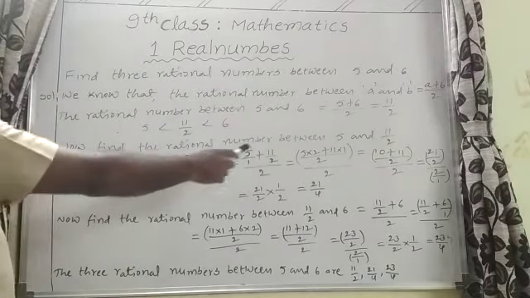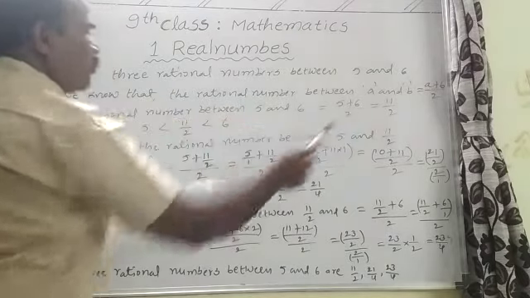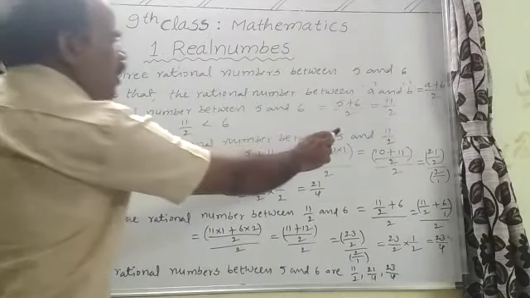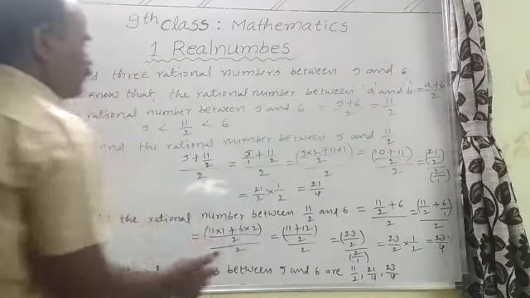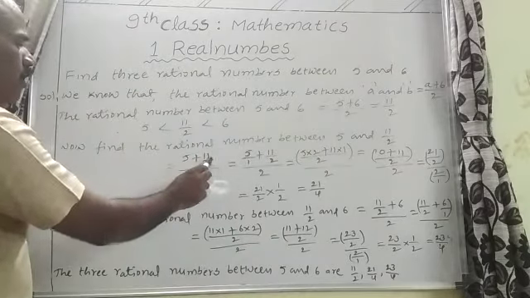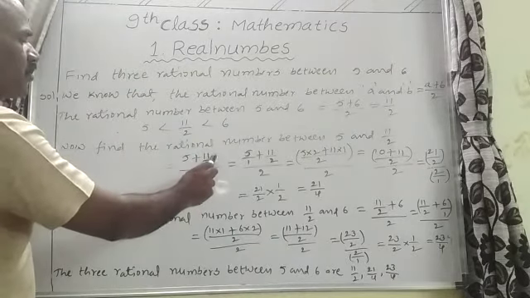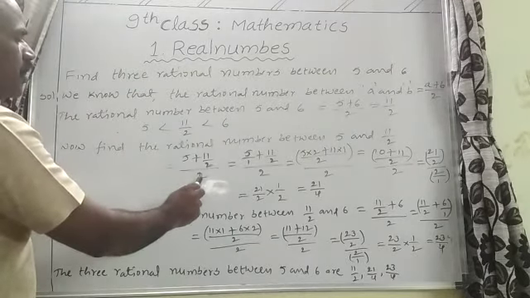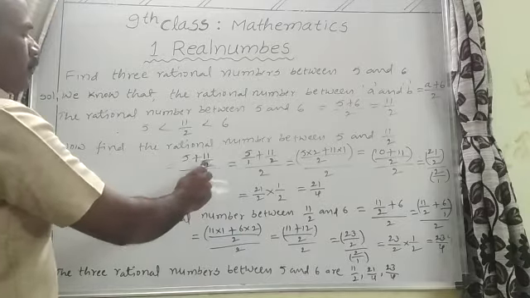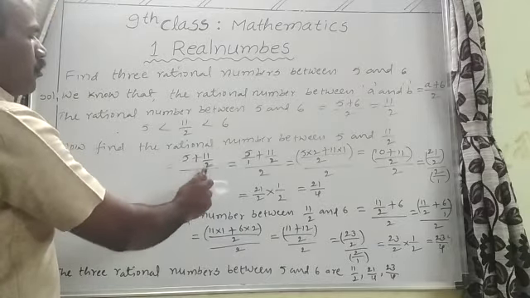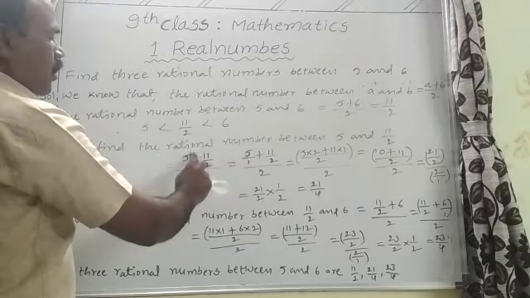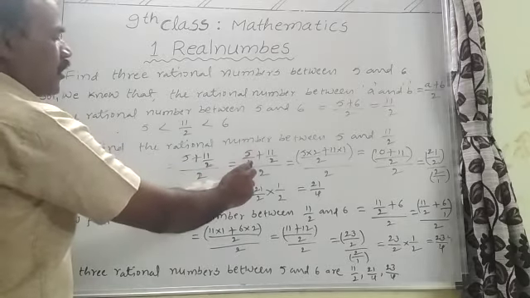Now find the rational number between 5 and 11 by 2. That is equal to the arithmetic mean of 5 and 11 by 2: sum of the observations divided by the number of observations, (5 plus 11 by 2) by 2. 5 means 5 by 1.